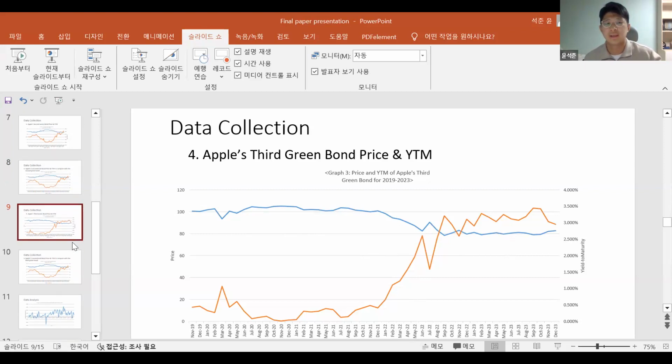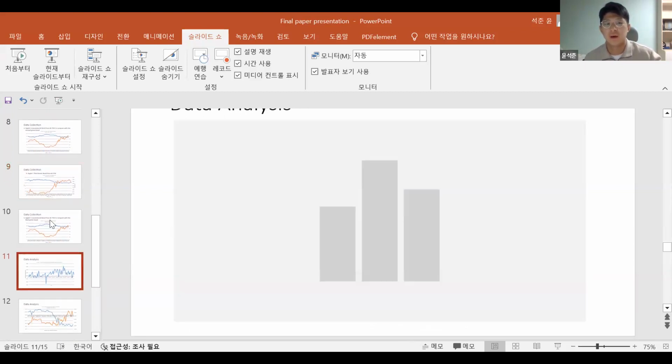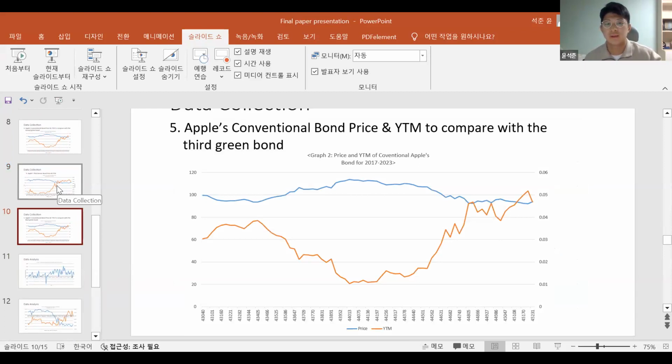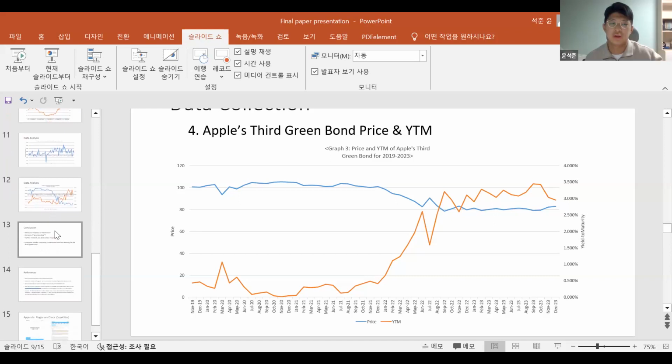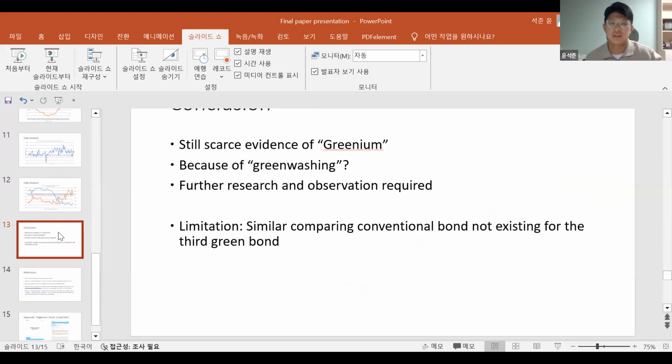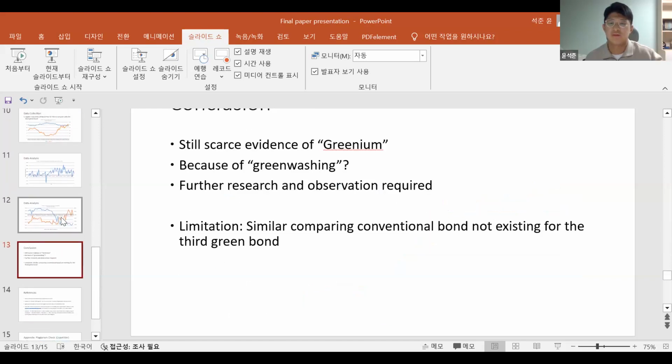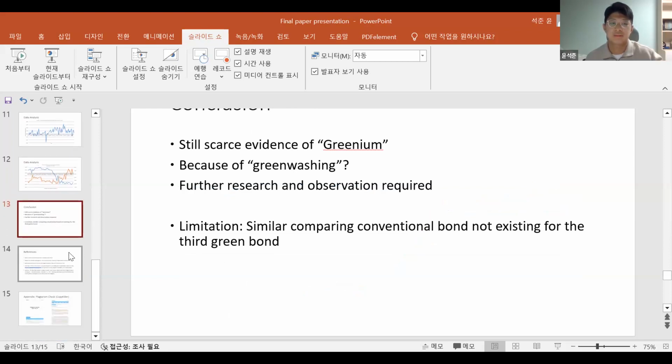And this compared to all of the other conventional bonds that Apple issued. And this is actually more evidence that a greenium does not exist. So the conclusion is that there's still scarce evidence of a greenium in the green bond market today.